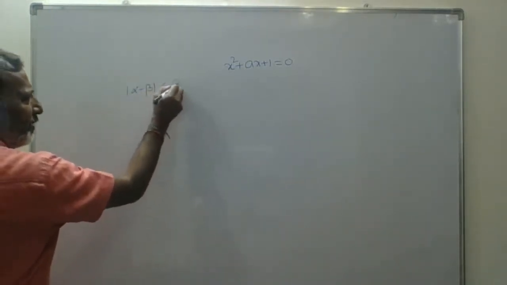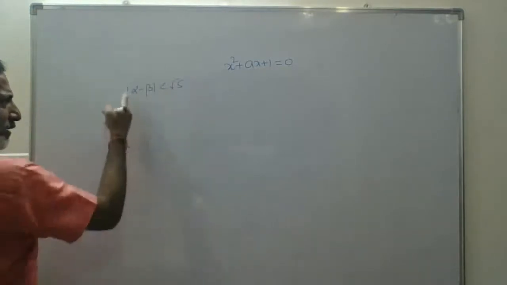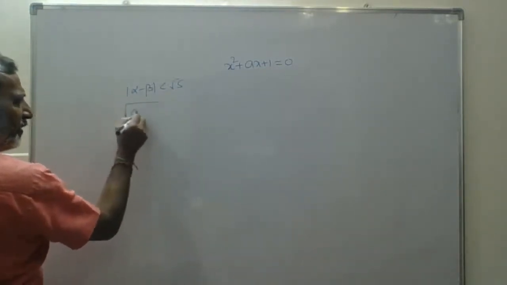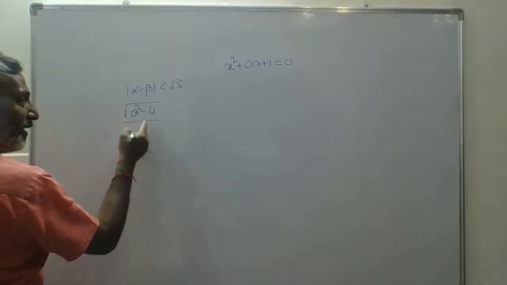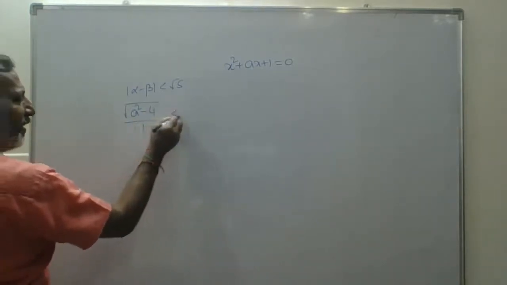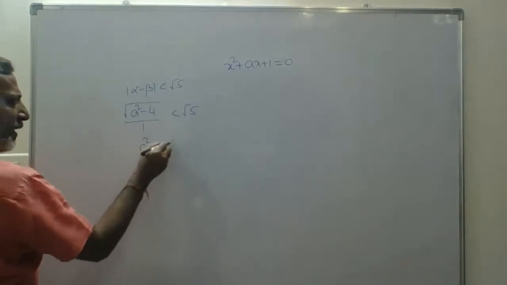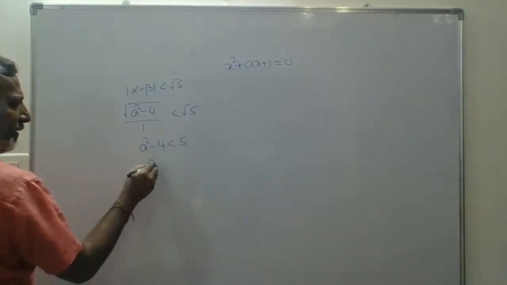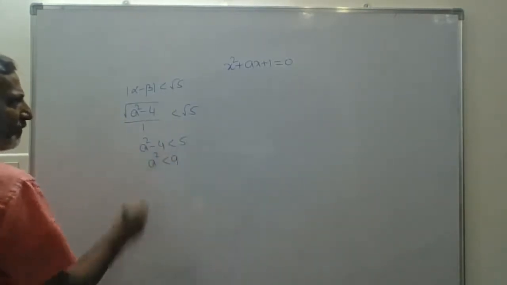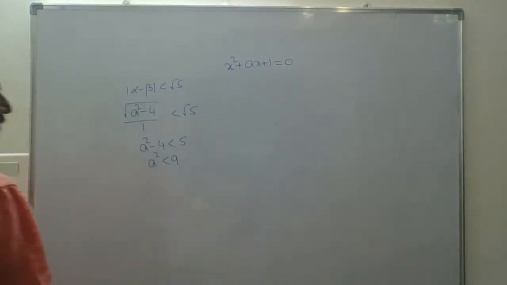What is mod alpha minus beta? Root of a square minus 4, less than root 5. Squaring on both sides: a square minus 4 less than 5, a square less than 9. What is the range?